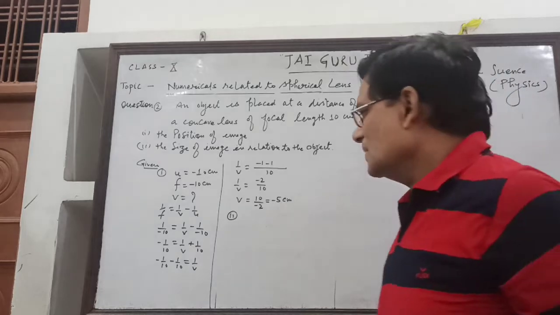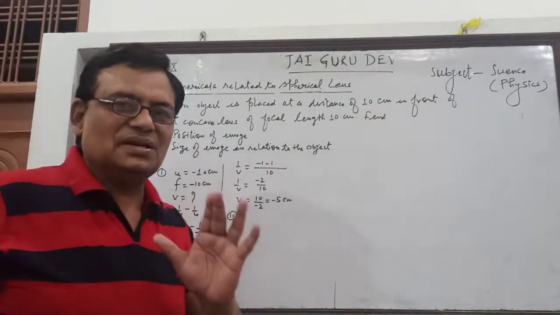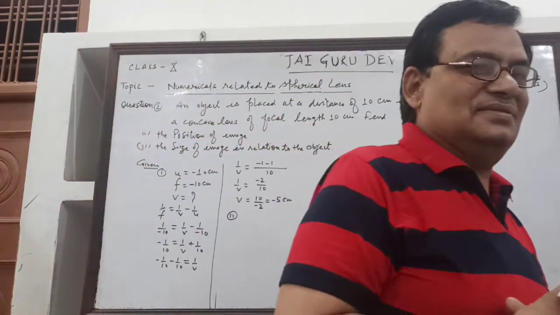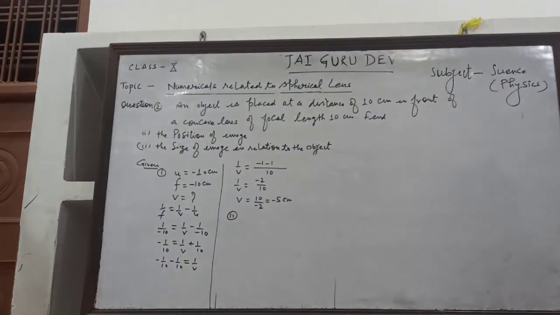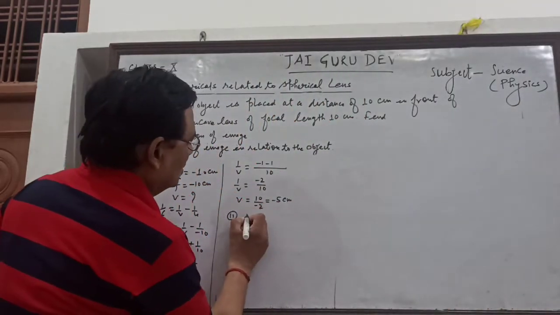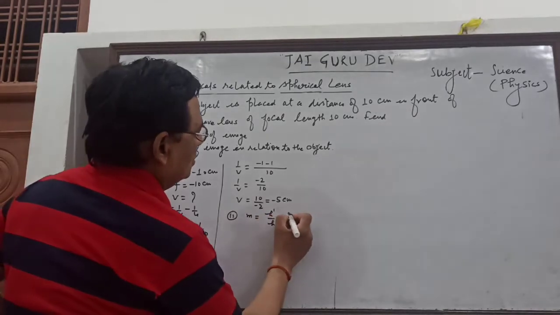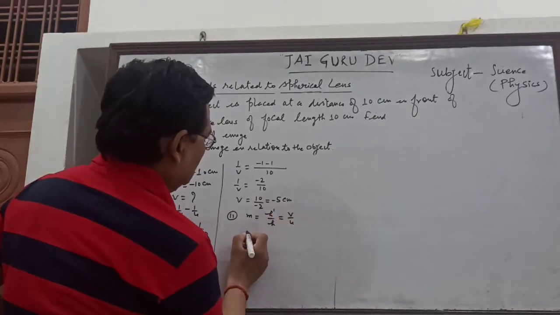Once again, we write the complete magnification formula for the lens: m is equal to h dash upon h is equal to v by u.